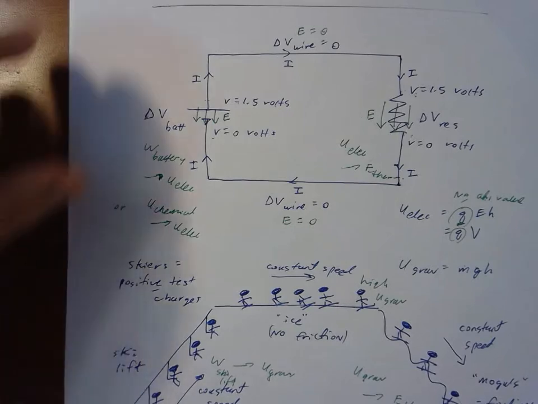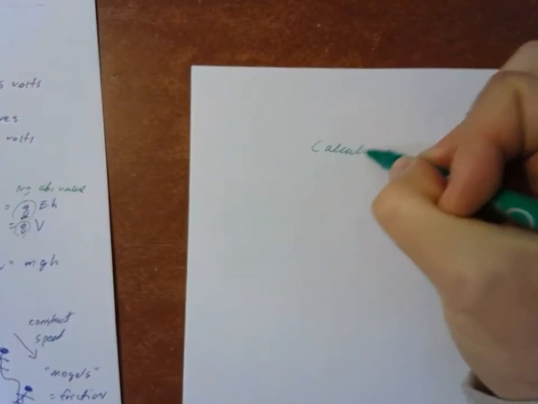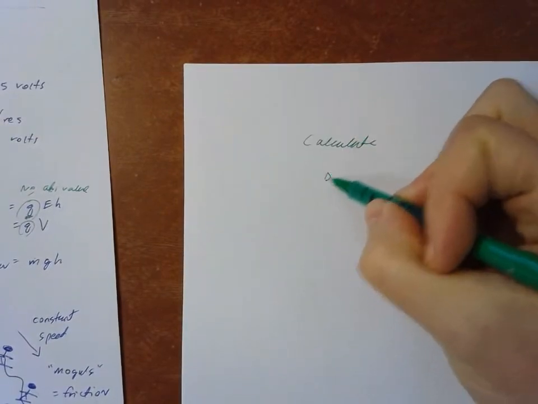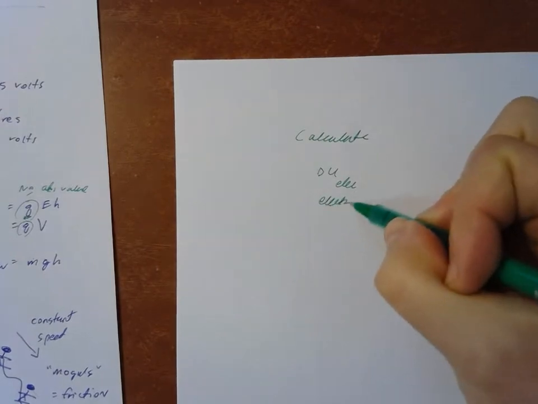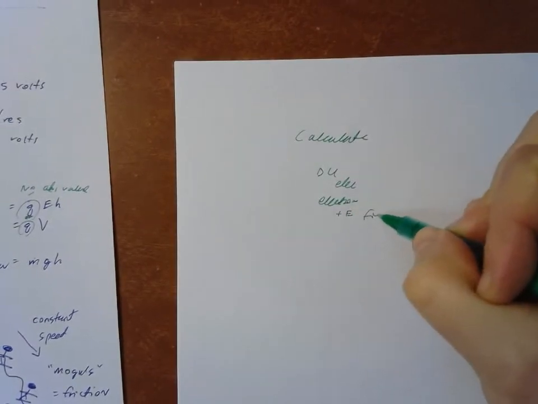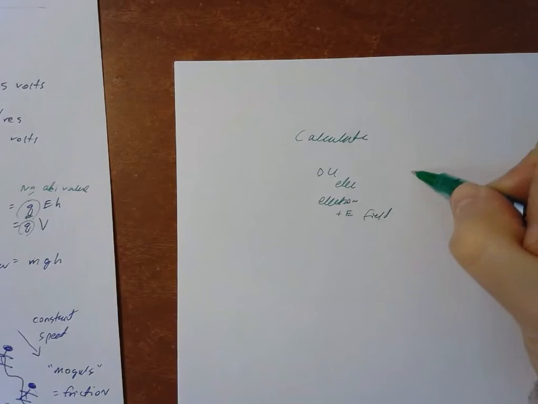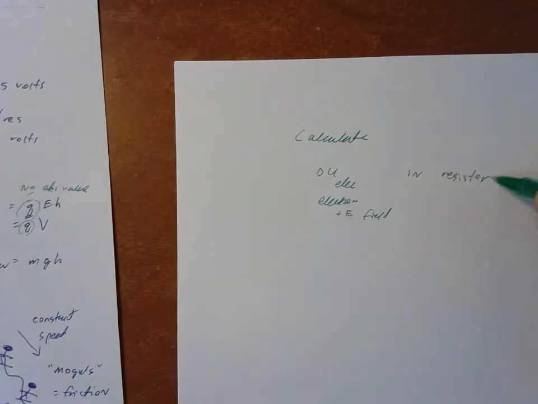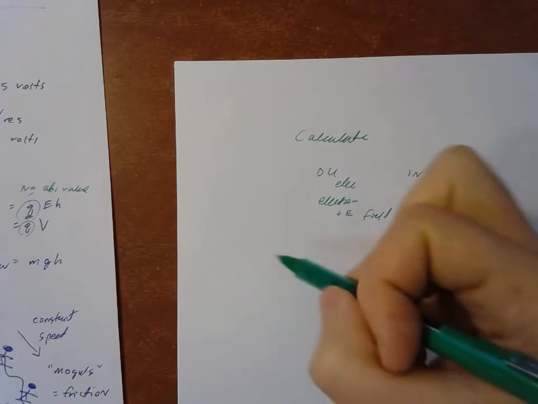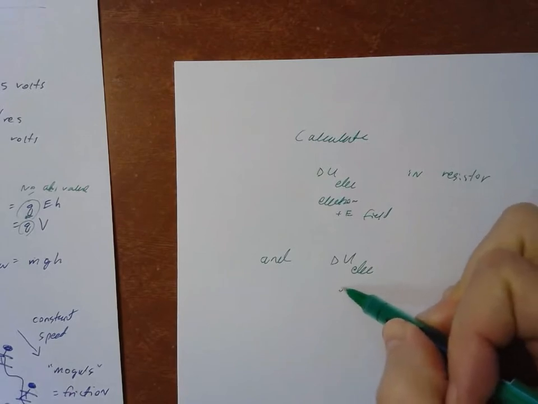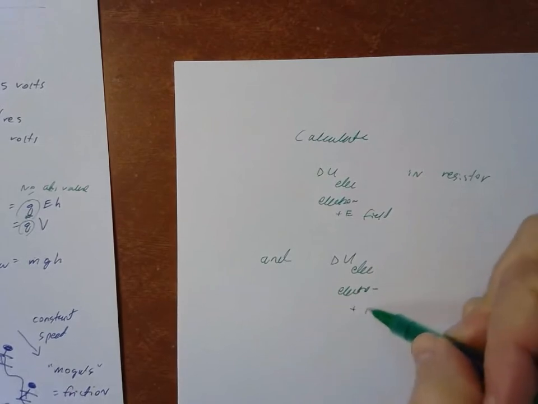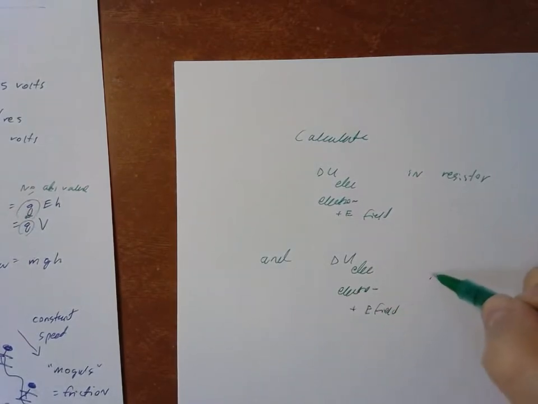So what I want you to figure out is calculate the change in electric potential energy of our electron plus electric field system in the resistor in the picture I just showed you, and what would be the change in electric potential energy of that electron plus the electric field in the battery.